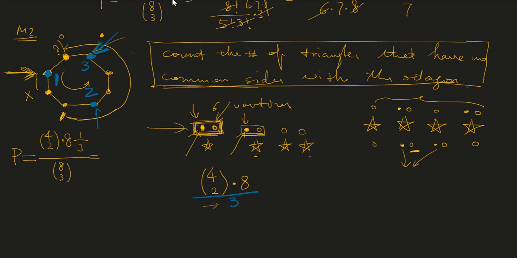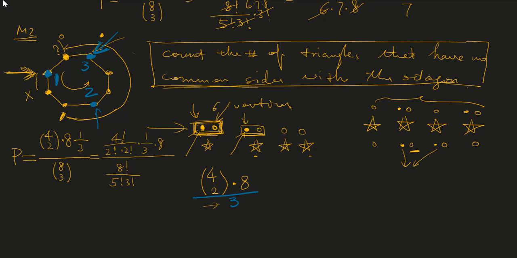Good. So this equals what? This equals 4 factorial over 2 factorial times 2 factorial. Let's place 1/3 here, and then times 8. And the bottom is 8 factorial over 5 factorial, 3 factorial. Yes, the bottom is this.